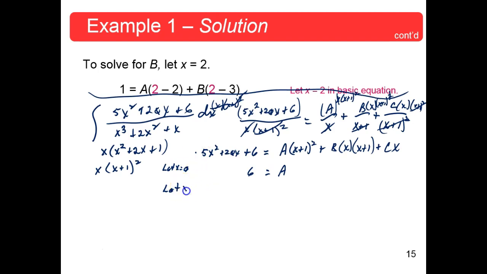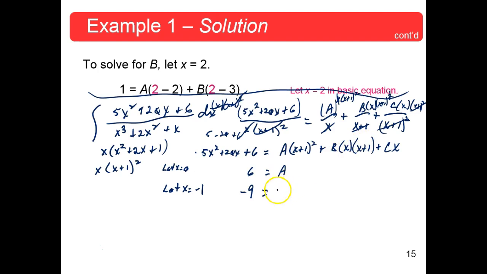What else might we try? X equal -1. If x is equal to -1, this will be 5 minus 20 plus 6, which is -9. On this side, if x is equal to -1, this is 0.